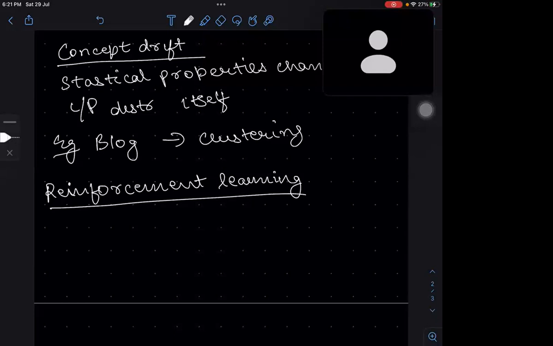Learning by feedback, learning from experiment. Yes, you all are absolutely correct. I can say reinforcement learning is trial and error learning, sequential learning as well, learning by feedback, by rewards, or by punishment.